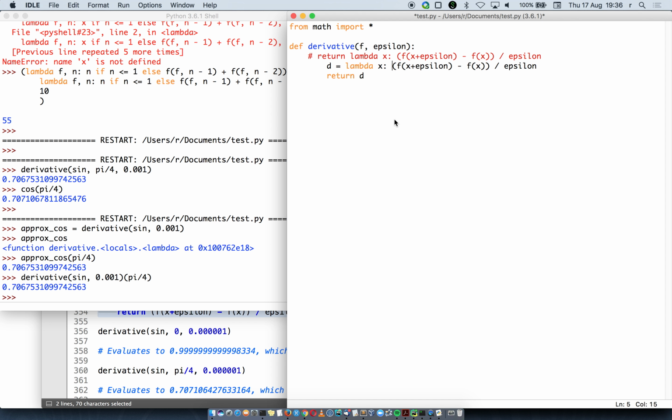Again, the derivative of sine is cosine. And when I tell you that, I haven't used the x. So it's conceptually important that the derivative of a function is another function.